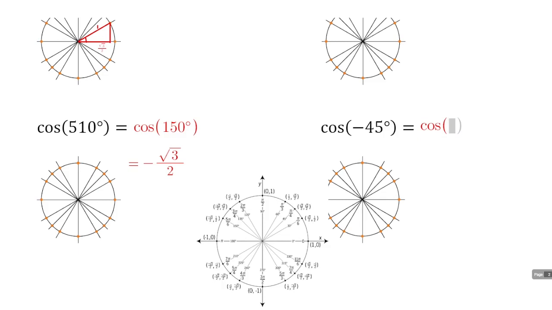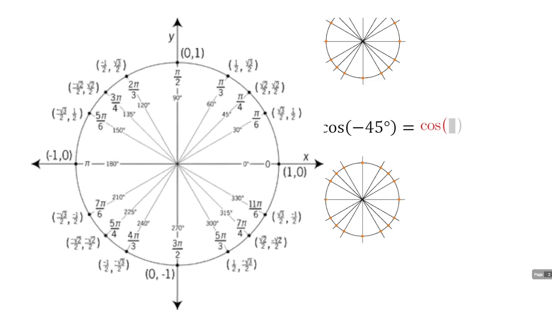So it's going to be coterminal to -45 plus 360, which is going to be at 315. So cosine of -45 degrees is equal to cosine of 315 degrees.